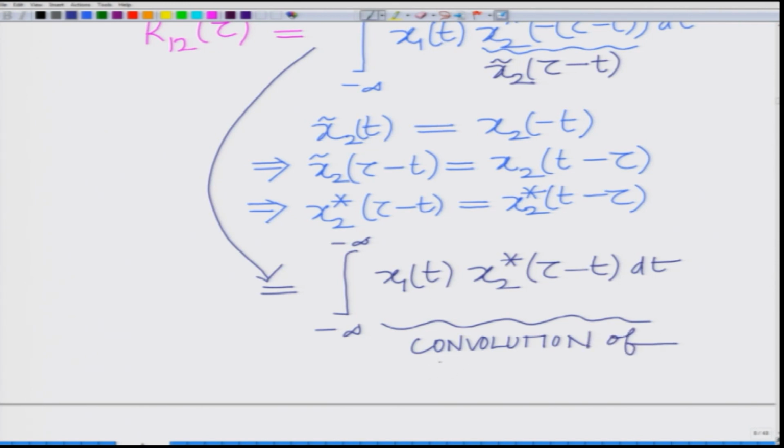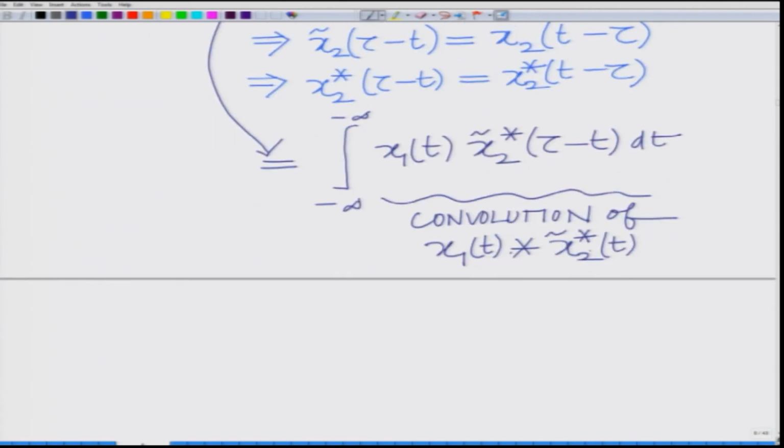It follows from the definition of convolution that this is the convolution of x1(t) with x2 tilde conjugate (t). But x2 tilde conjugate (t) is equal to x2 conjugate of minus t. So this is the convolution of x1(t) with x2 conjugate of minus t.